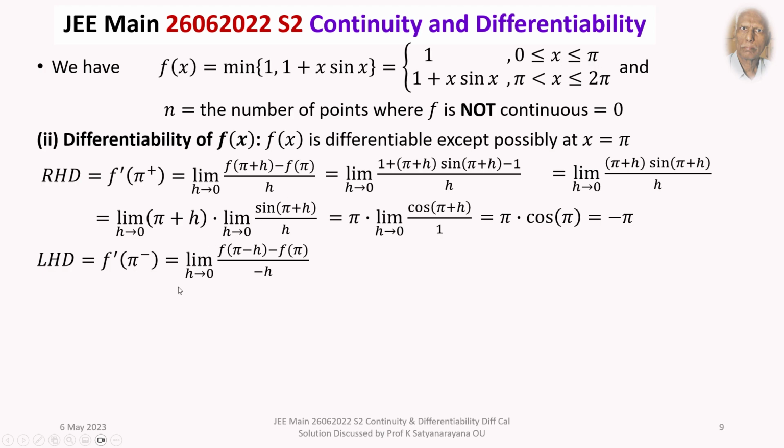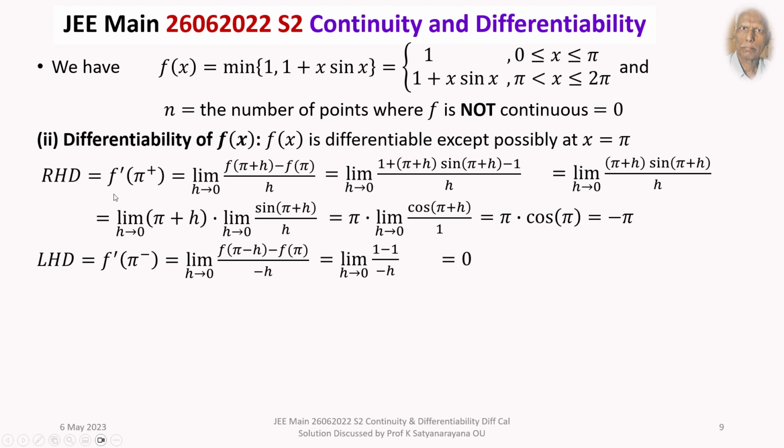The limit as h tends to 0 of f of pi minus h minus f of pi, by minus h, will be equal to the limit as h tends to 0, where f of pi minus h is 1 only, and f of pi is 1 only. 1 minus 1 is 0, so the limit as h tends to 0 of 0.